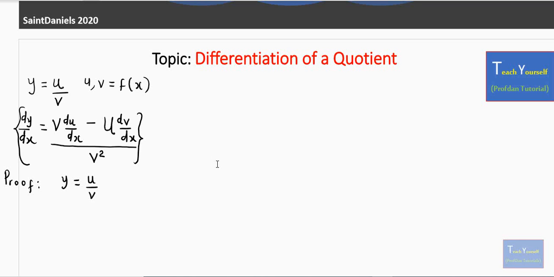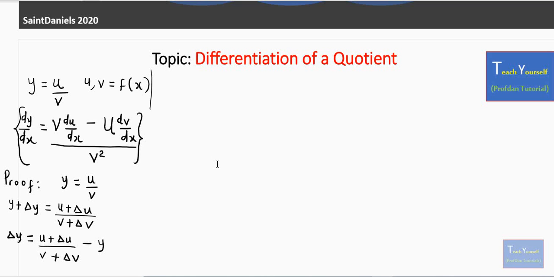If you have this type, applying first principle, remember the first thing we do is we make an increment to all the variables. For y, for example, you have an increment in y, so y plus change in y equals the fraction u, make an increment to u, over v, you also make an increment to v. And here we can make change in y the subject of the formula, to have u plus change in u over v plus change in v, minus y.